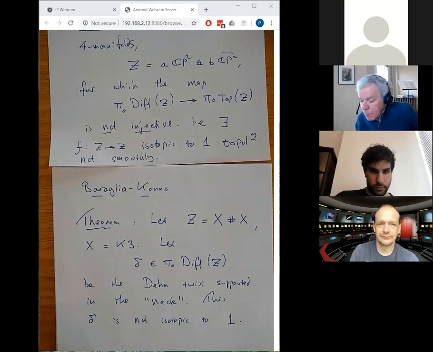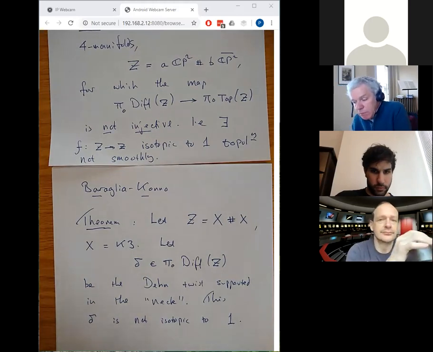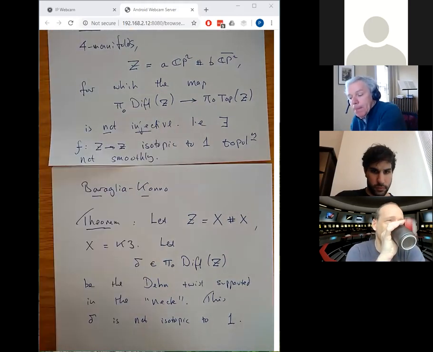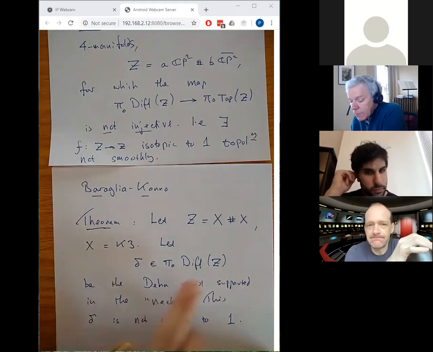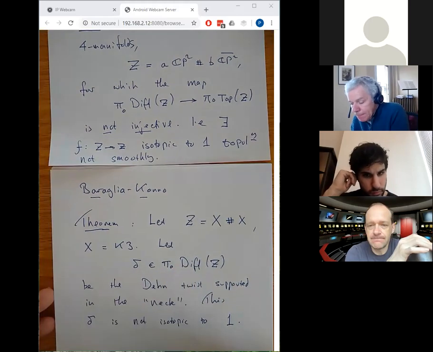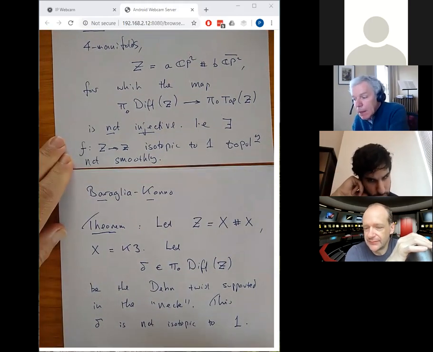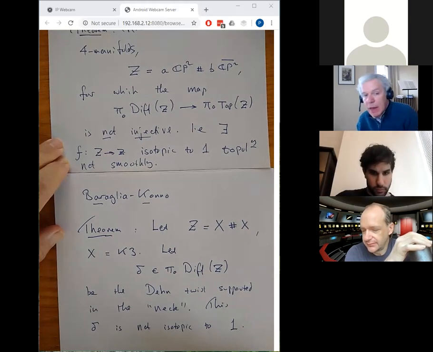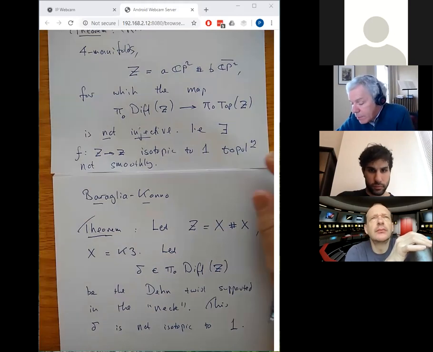This diffeomorphism is isotopic to identity in the topological category for the same reasons that's going on in earlier work. For simply connected four manifolds such as Z, being topologically isotopic to the identity is exactly the same as acting trivially on the homology of the four manifold.